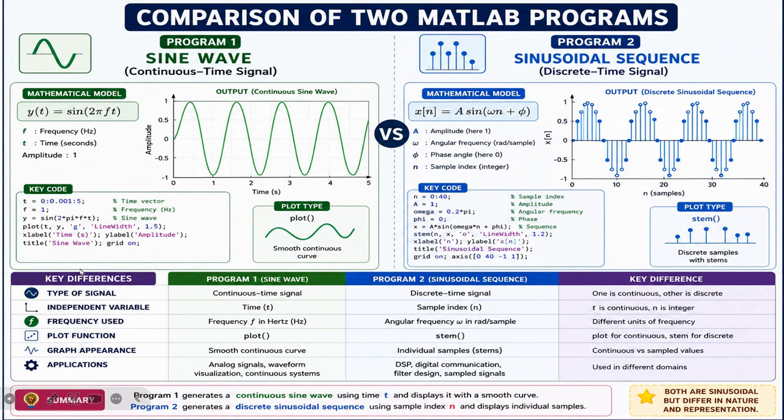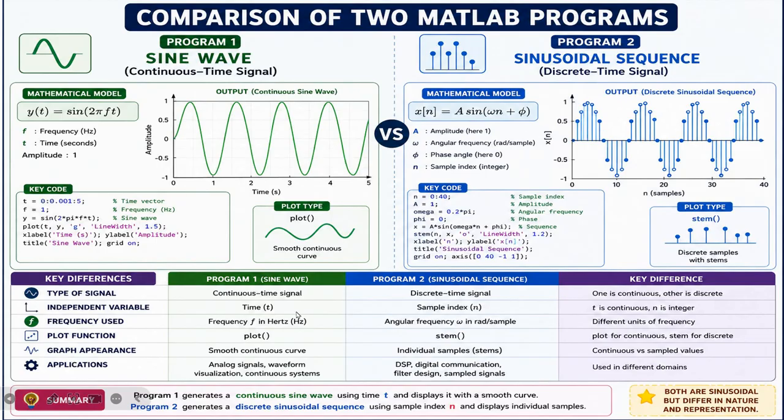The feature we consider is the type of signal: here it is a continuous time signal and here it is a discrete time signal. Then the independent variable, that is the time t, and here it is the sample index. Next is the frequency used: here it is in hertz, and here angular frequency is used, in radians per sample. Next you have the plot function.